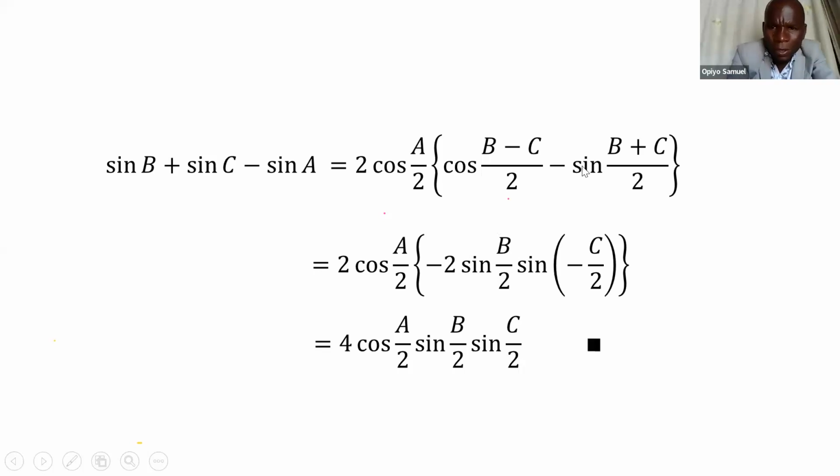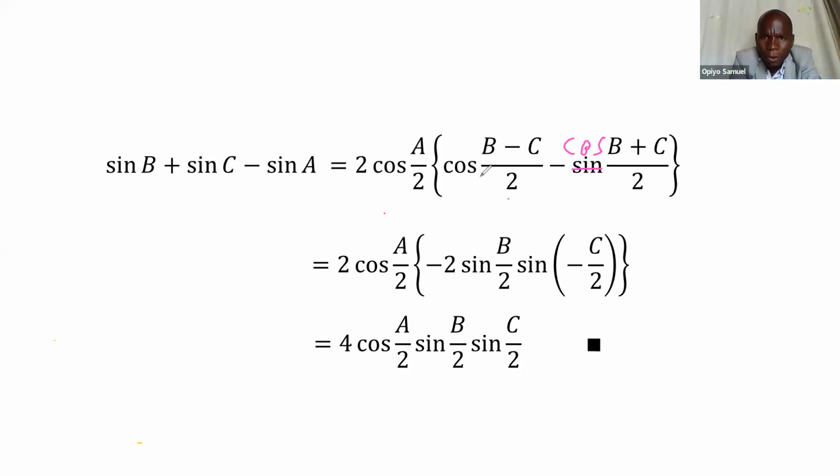This should be cos, you take note of this. This should not be sine. So cos minus cos is negative 2 sine sine. That is from the factor formula.